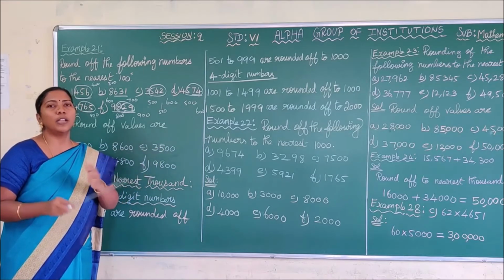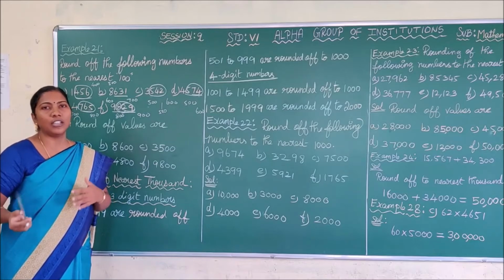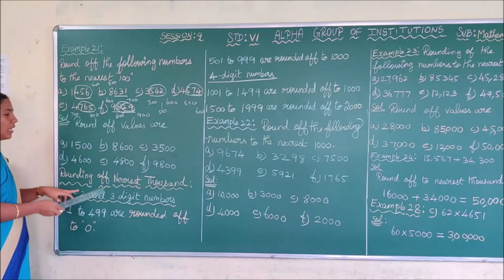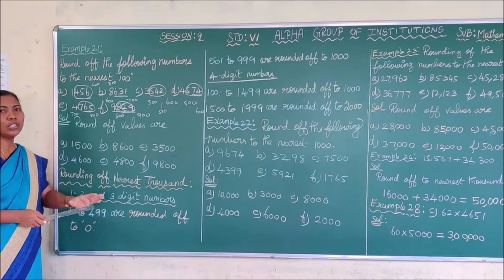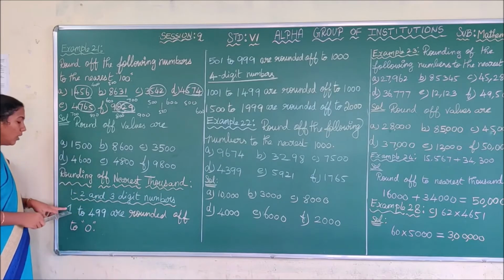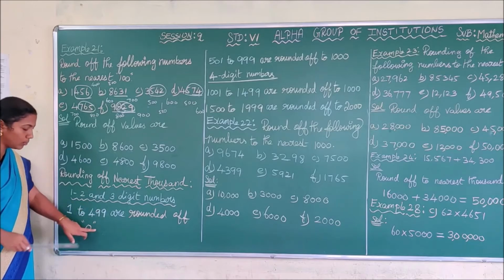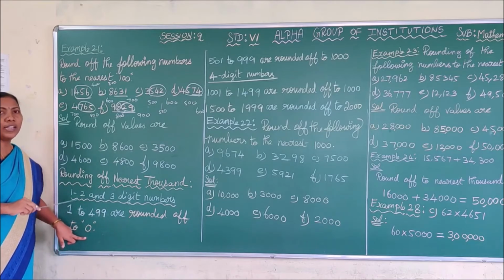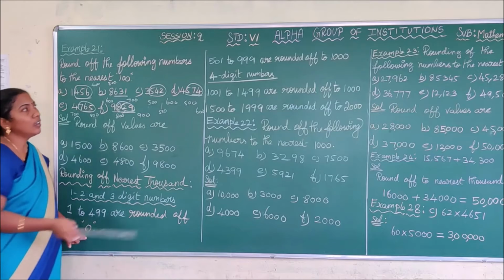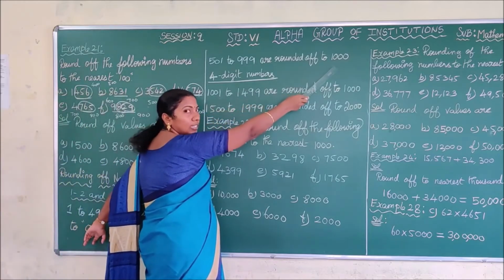After that it should be rounded to the next number, 20, 30, 40 like that. See here. Here you first consider the first 1000 numbers. Among the first 1000 numbers, 1 to 499, that is before 500, are rounded off to 0. And from 500 to 999 are rounded off to 1000. It's clear, children?